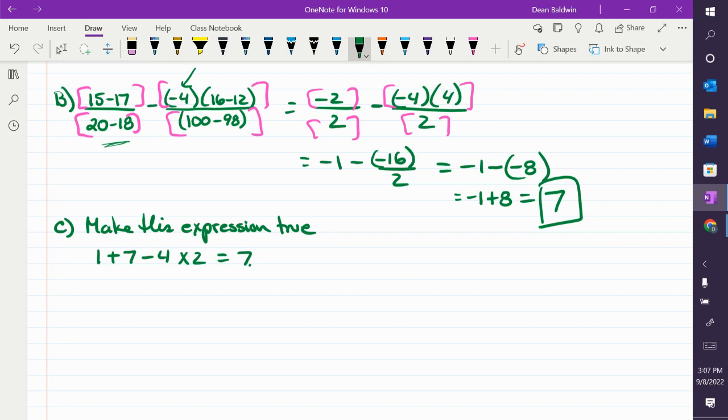That says times 2. So, as it's written, what would you do first? Ignore the 7. You would do multiplication. So you go negative 4 times 2, which is negative 8. And then it's like 1 plus 7 minus 8. But that does not equal 7. You have to put brackets in to make this a true statement. Where do I put the brackets is what I'm asking you.